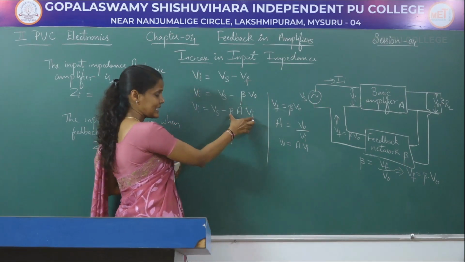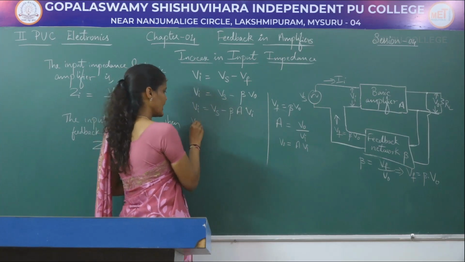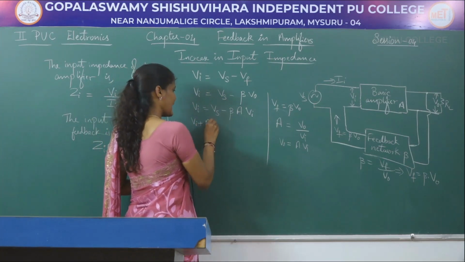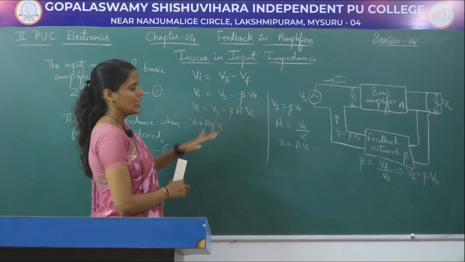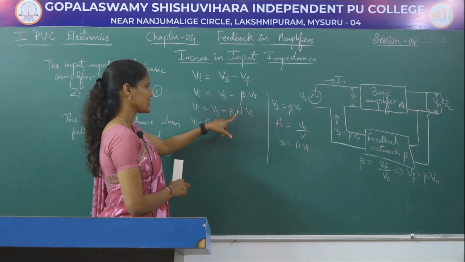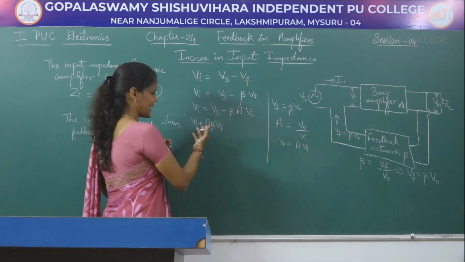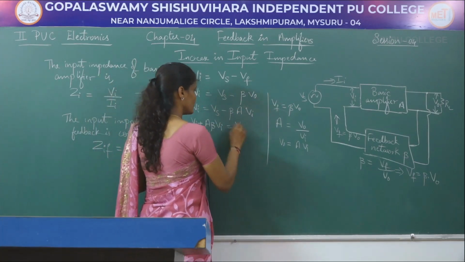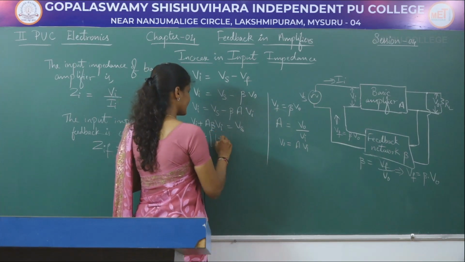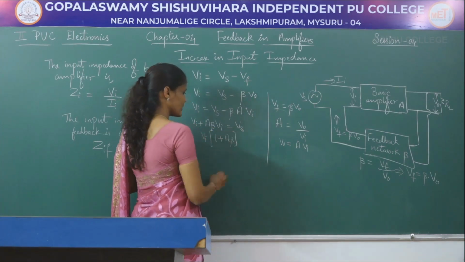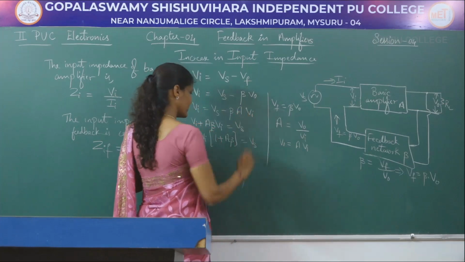So let us take this term to the LHS, Vi plus A beta Vi. Here on the right hand side, this term is carrying a negative sign. When it is taken to the left hand side, the sign will change, is equal to Vs. If I take Vi as the common factor, 1 plus A beta will be present within the bracket, which is equal to Vs.